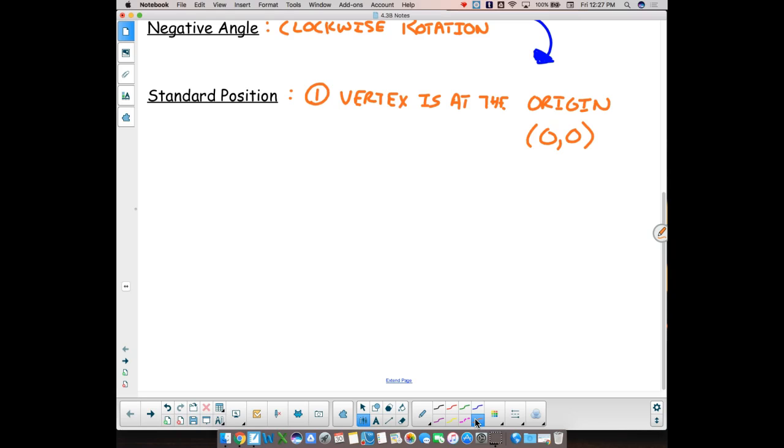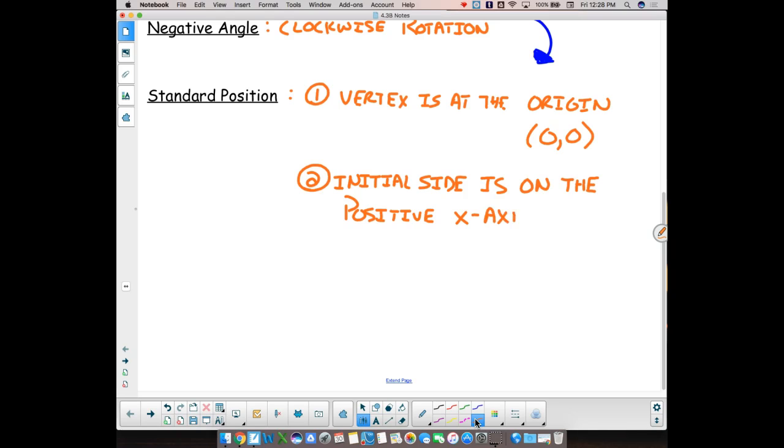Second condition is that the initial side is on the positive x-axis.